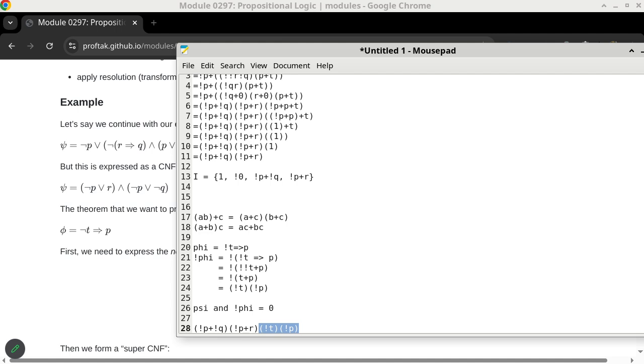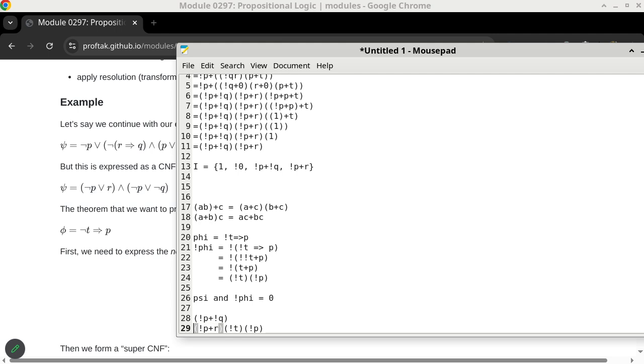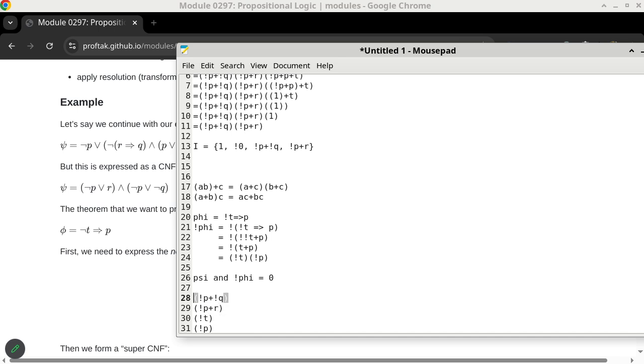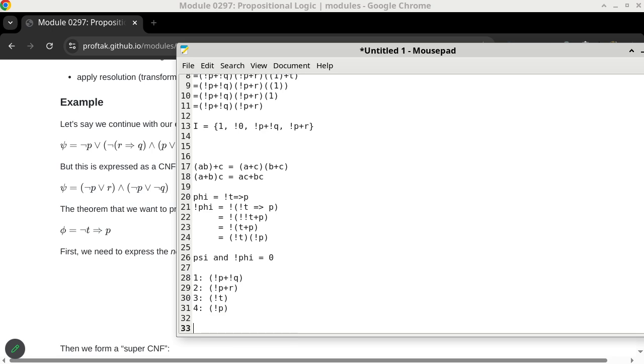So now we go, okay, that's cool. The way we perform resolution is it's easier to number these things one by one, so that we can see which two can resolve to another result. So we just have to say 1, 2, 3, and 4. And now the question is, can we apply resolution?